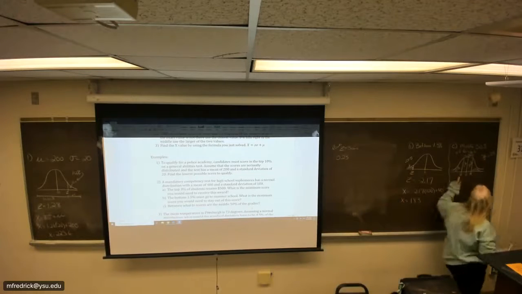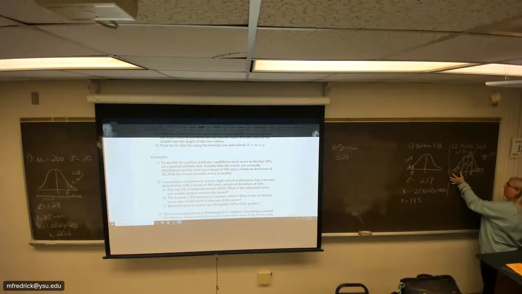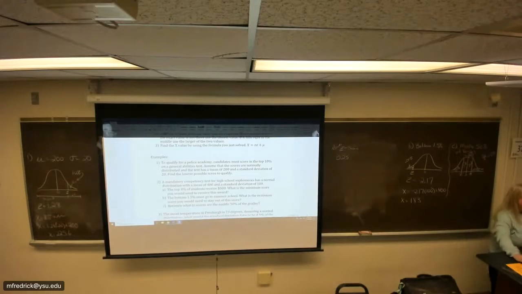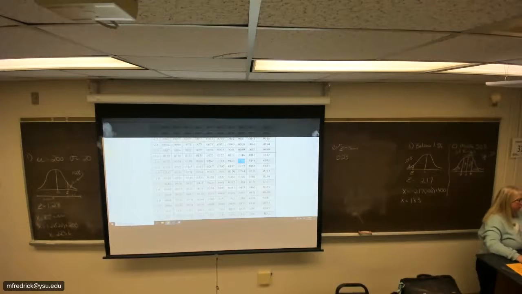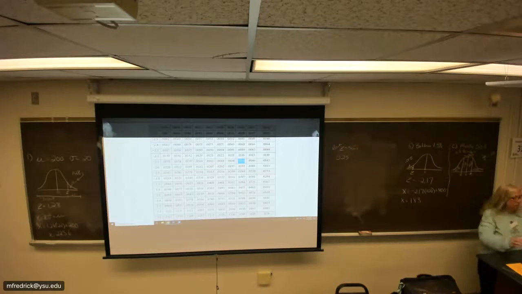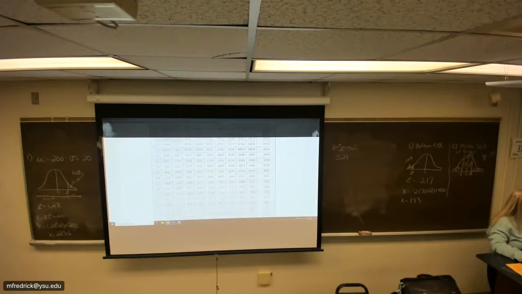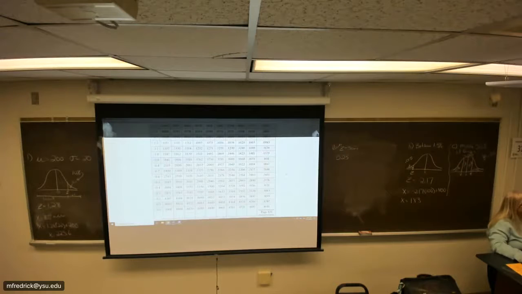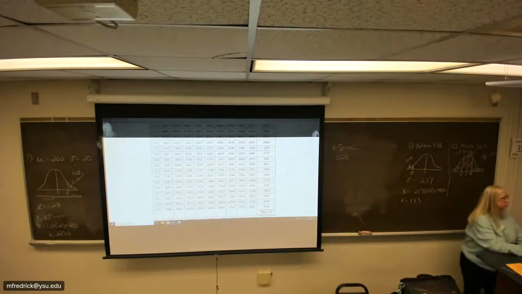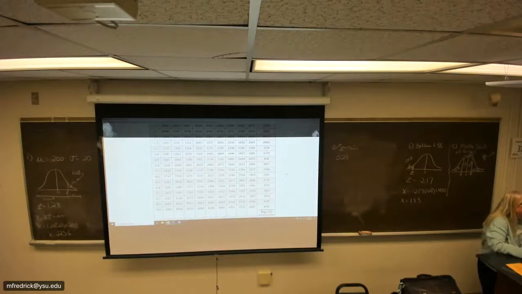We use the 0.25 because 25% of the data is below that first Z value. So find the Z value for 0.25.